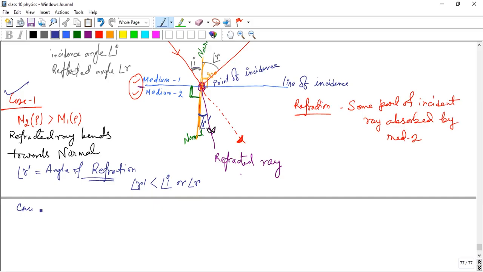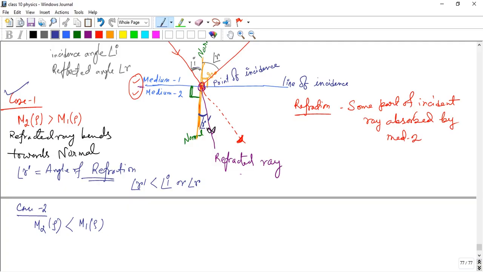Case number 2: if the density of medium 2 is less than the density of medium 1, light travels from higher density to lower density.